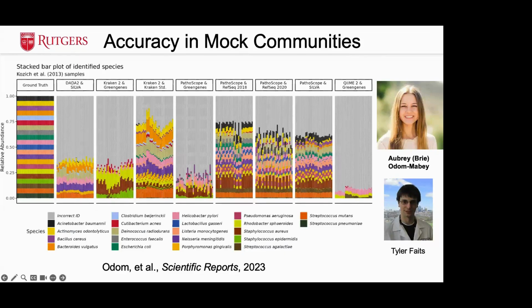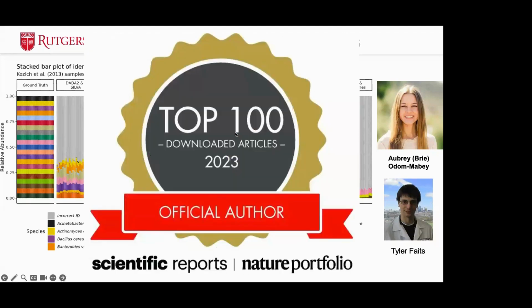Now, these methods that we've developed, so this is our Pathoscope method, and then there's another method called Kraken, do take into account that structure, and they get us from about 30% accuracy to about 60% accuracy.